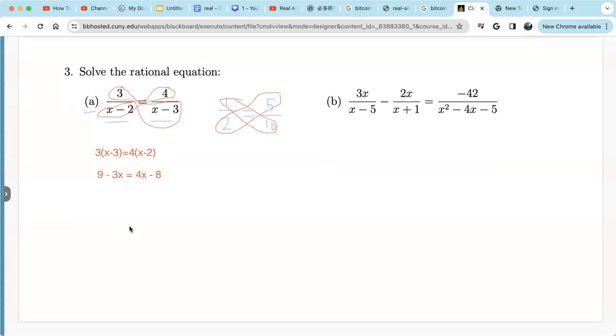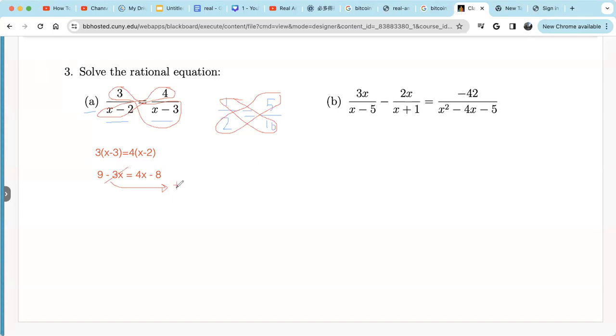Right? Now, we want to combine like terms, but our like terms are on two sides, not on the same side. So what do we do? We need to move things around. Okay. Maybe we move 3x to this side. Remember, when we move, we only change the signs.